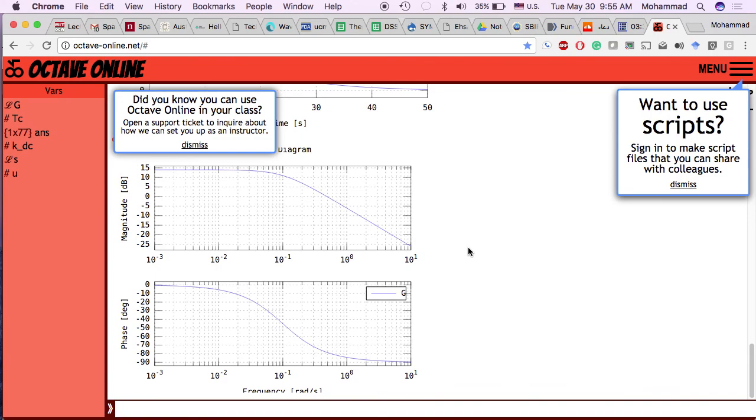That's the typical Bode plot of a first order system, the same way we have a typical step response and a typical impulse response for a first order system. And this is the phase shift. At the beginning there is no phase shift, but eventually you get to a 90-degree phase lag. So the output would be behind the input.